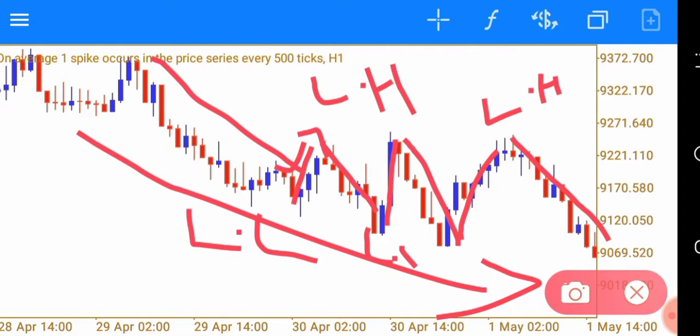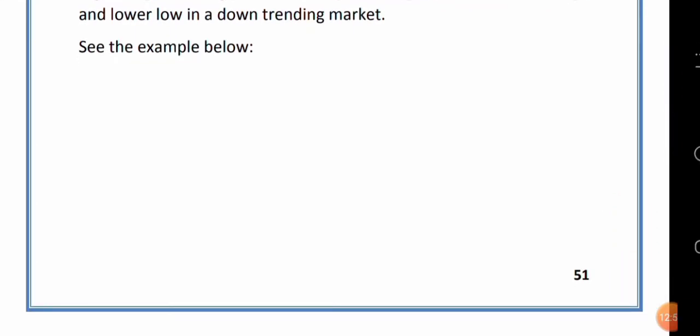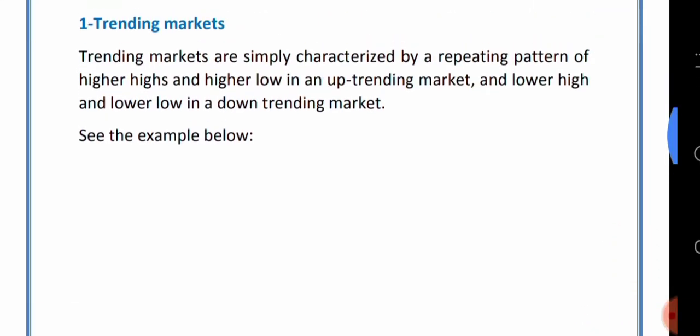So let's go back to our article. Alright, we already talked about how to identify a downtrend and an uptrend, and I've shown you the several levels on the uptrend markets, the higher highs and the higher lows, and the lower highs and the lower lows in a downtrending market.